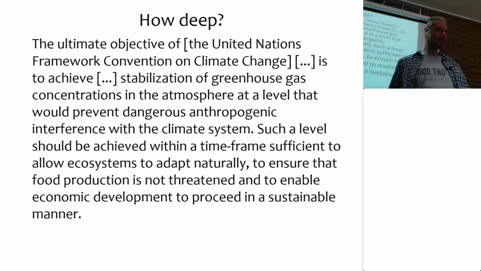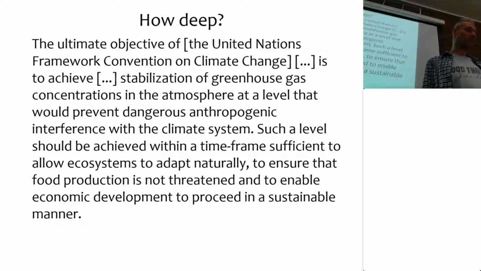So Article 2 of the United Nations Framework Convention on Climate Change, agreed in 1992, says that the ultimate objective of this convention is to achieve stabilization of greenhouse gas concentrations in the atmosphere at a level that would prevent dangerous anthropogenic interference with the climate system. Such a level should be achieved within a time frame sufficient to allow ecosystems to adapt naturally, to ensure that food production is not threatened, and to enable economic development to proceed in a sustainable manner.